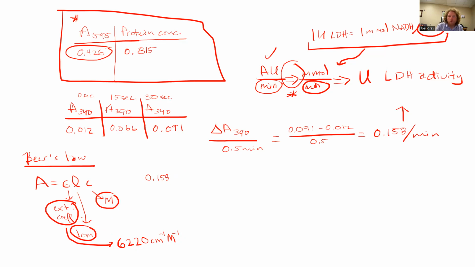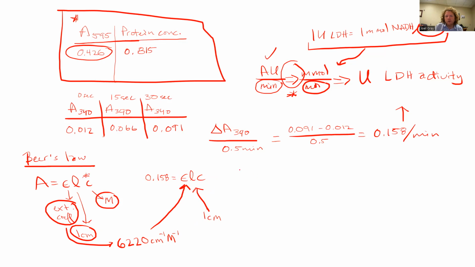So what we are going to do is figure out our concentration. We take that 0.158 and set it equal to ELC. E is 6,220. L is our path length, which is 1 centimeter. C is our concentration, which we know the units for, it's molarity, but we don't know that number.